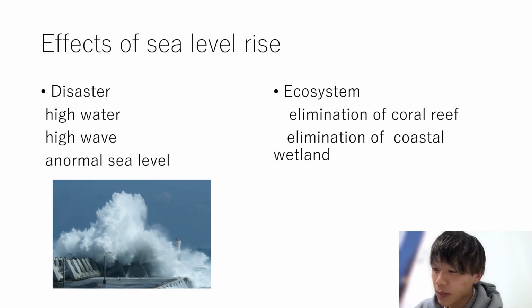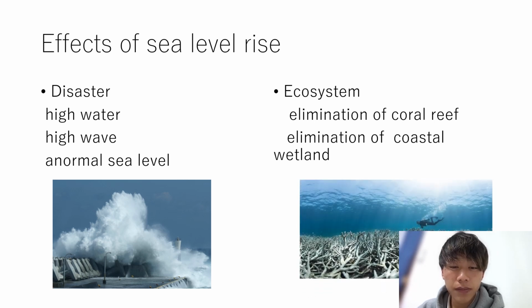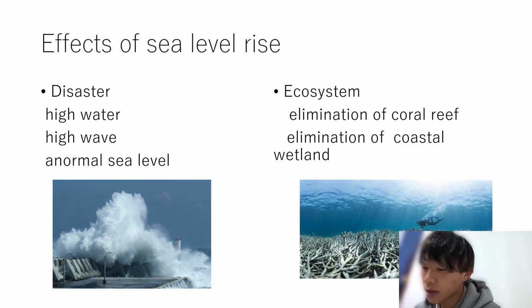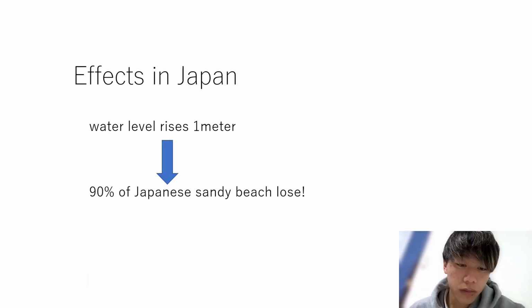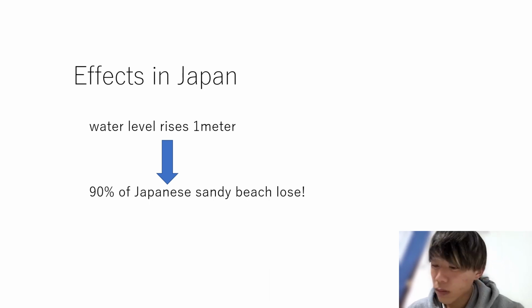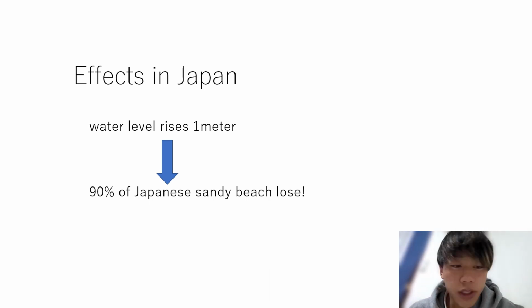About the ecosystem, there is elimination of coral reefs and elimination of coastal wetlands. In Japan, researchers say that if the water level rises 1 meter, 90% of Japanese sandy beaches will be lost.